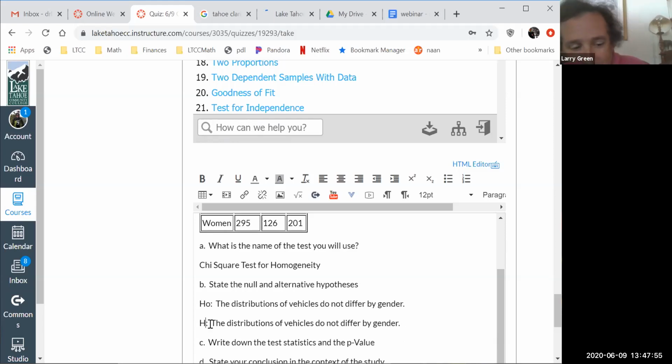So H1 is what I said before about H naught, is the distributions of vehicles differ by gender. Any questions on that? Because remember, H naught is always the equal one, right? And equal means they don't differ. H1 is the not equal to, and that means they differ. That's one way to try to remember it, because it kind of goes on to what we did before. Any questions?